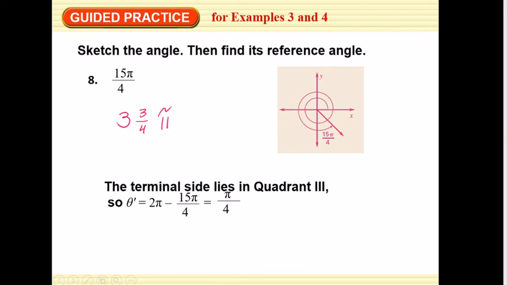So, if I look at the picture to the right, starting in standard position, when I go from here to here, that is pi, moving an additional pi, so that's 2 pi, and then I hit here and that becomes 3 pi. Then I need to go an additional 3/4 pi, so I'm going 3/4 of the way, and that's how I get to 15 pi over 4. Just wanted to throw that out there as another way of tackling this problem.